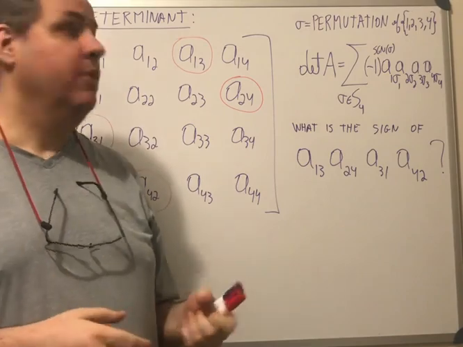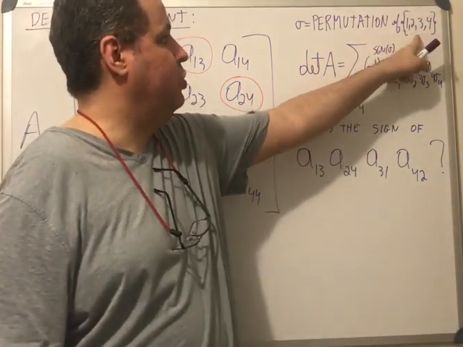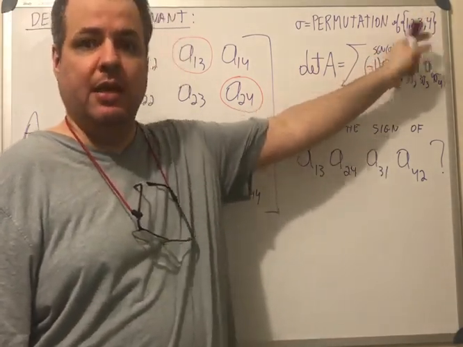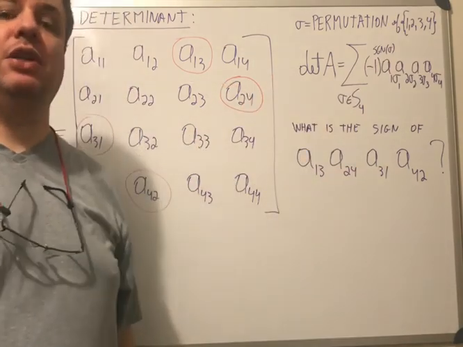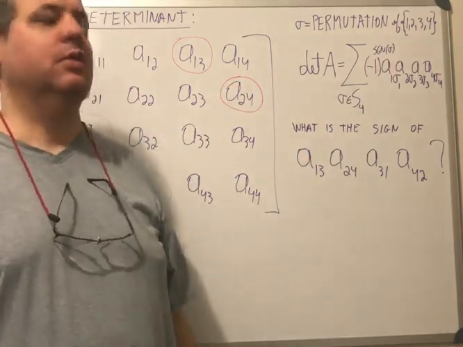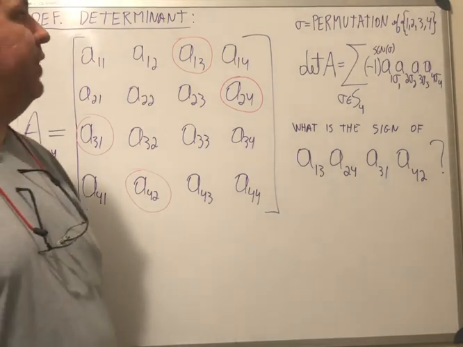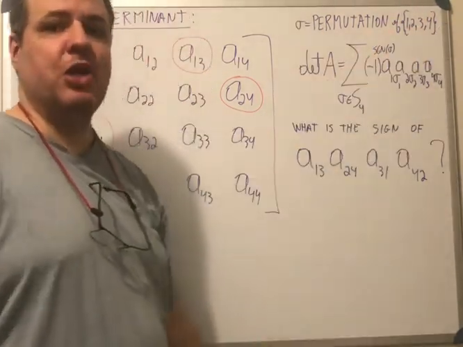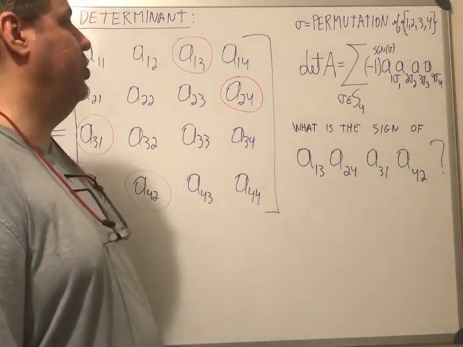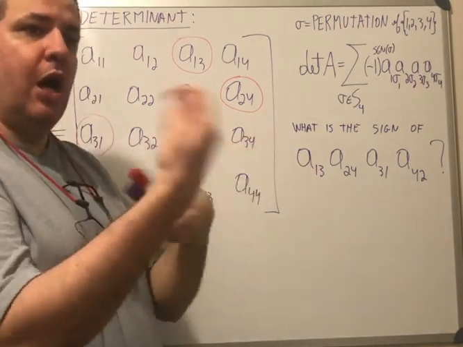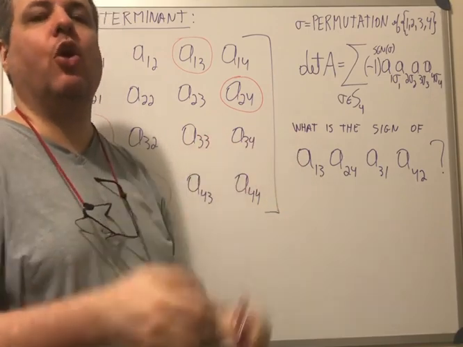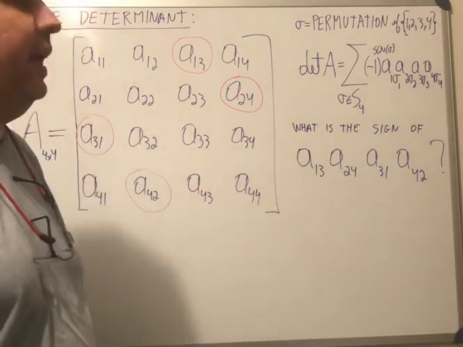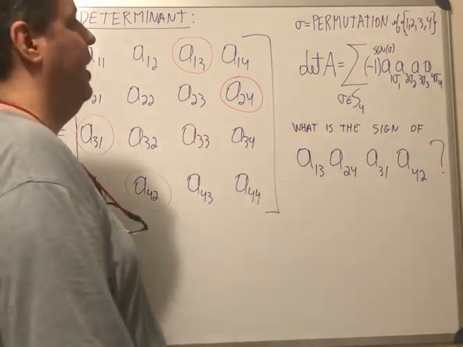It's a function from this set, this is the domain, to this set, this is the codomain, and the function has an inverse function, if you like. Okay? So a permutation is a function from this set to itself, which has an inverse. It's a bijective function. It's injective and surjective. It just exchanges the order, permutes the order of the elements somehow. Okay?